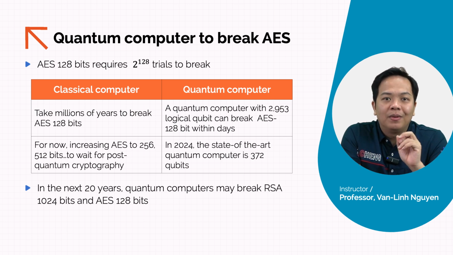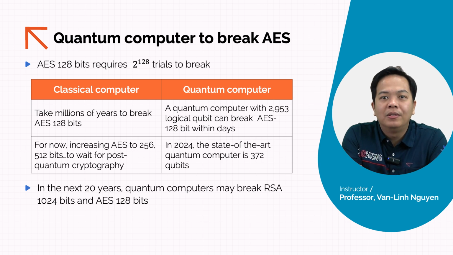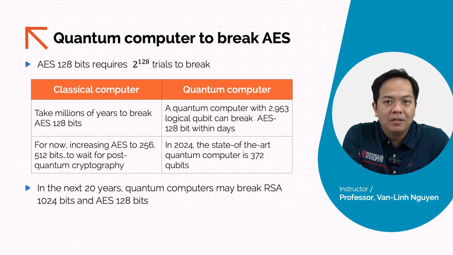So I think in the next 10 years they can reach that kind of level, and maybe they can break this kind of AES. So the question is, in the next 20 years, can quantum break RSA or AES 128 bits? I would say yes. It's not 100%, but I think about 70% they can break this kind of algorithm.